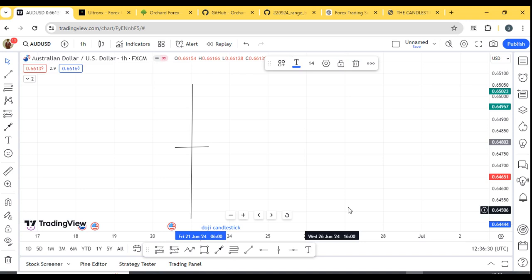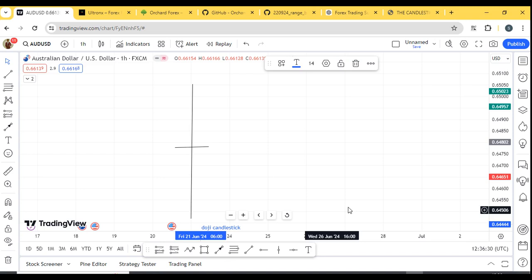Let me define it here. Here we call it a dragonfly doji candlestick.